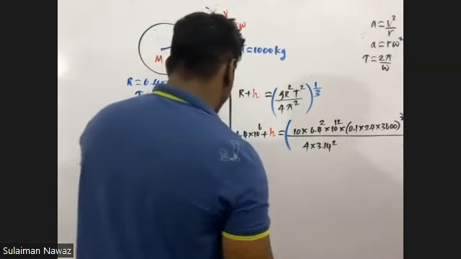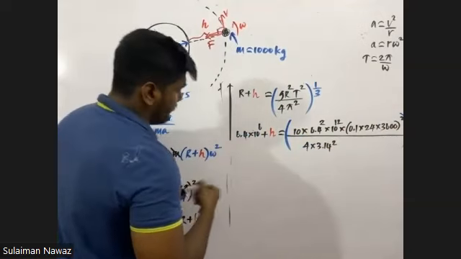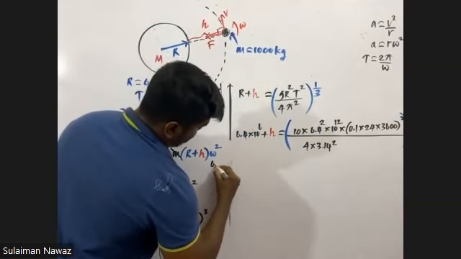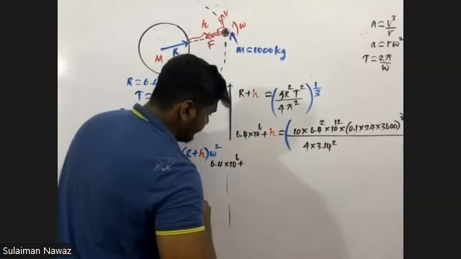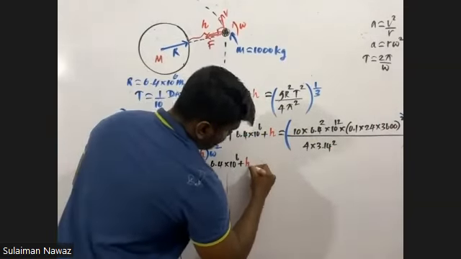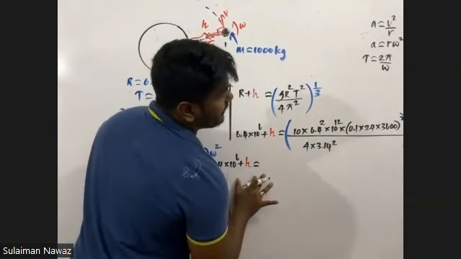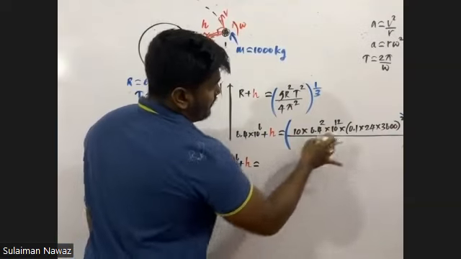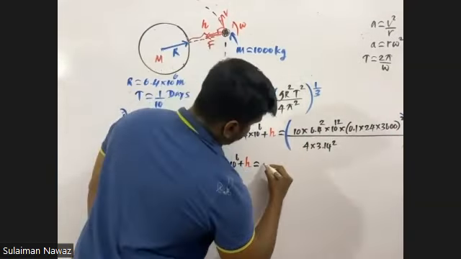Then I can write down 6.4 times 10 to the power 6 plus h equals 10 to the power 12 times 10 to the power 13 means 10 to the power 13.